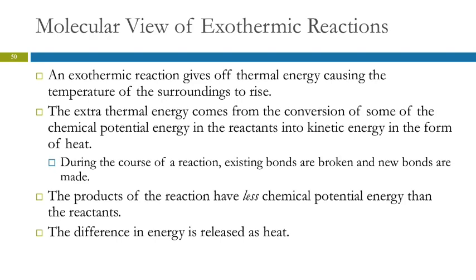When a chemical reaction occurs, bonds are broken and new bonds form. It takes energy to break a bond. When a bond forms, energy is released. So in an exothermic reaction, the products have less chemical energy than the reactants did. That energy difference is what got released into the surroundings as heat.